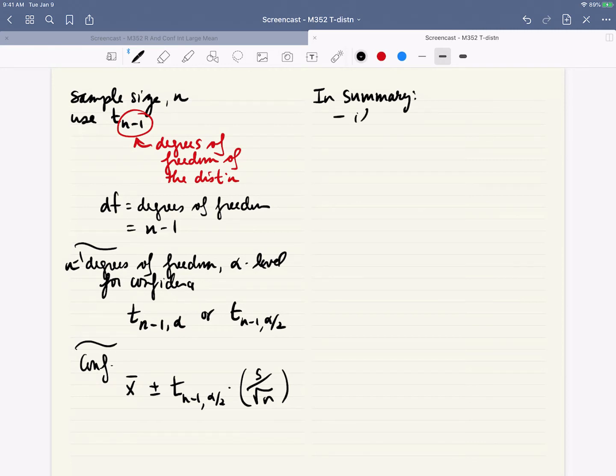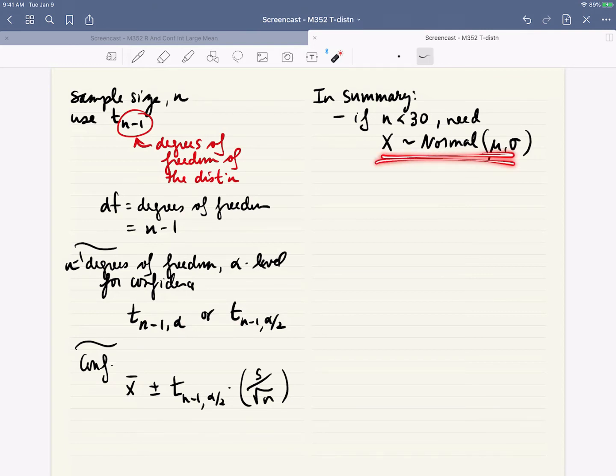In summary, if your sample is less than 30, I didn't mention this before, we also need to know that our original distribution is normal with some mean and standard deviation. Doesn't matter what those are, but we do want to know that the original distribution is normal, because the t-distribution is very symmetric and very normal-like.